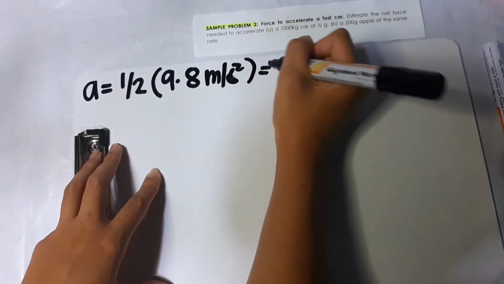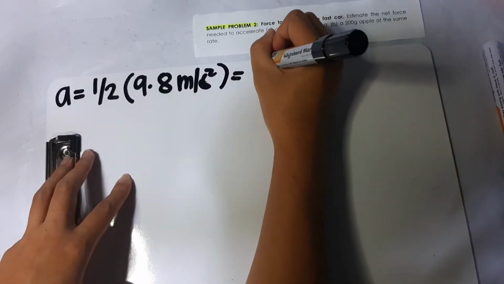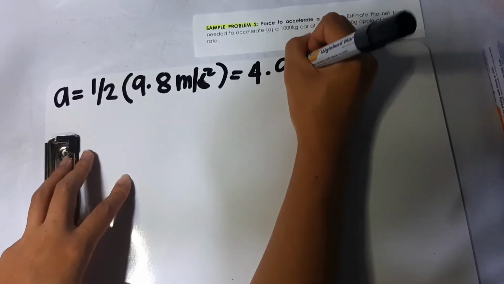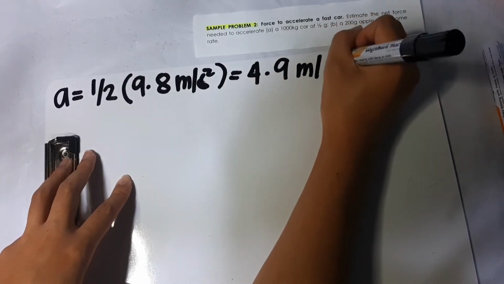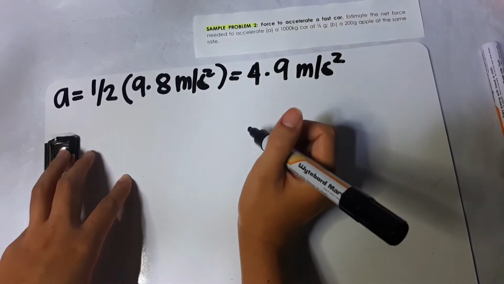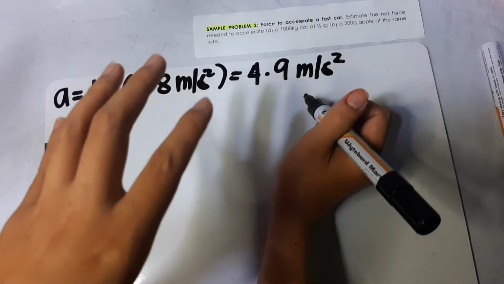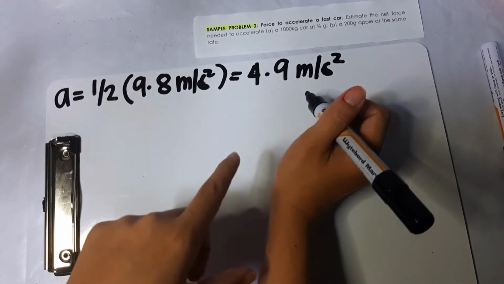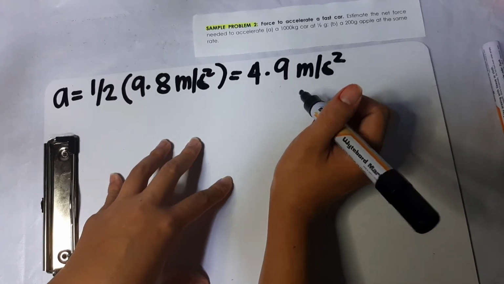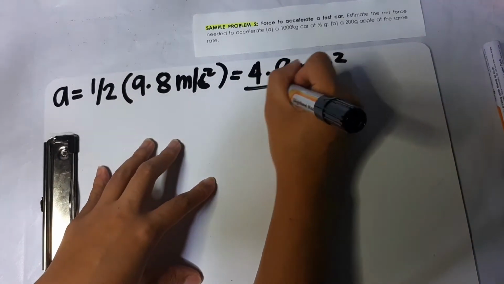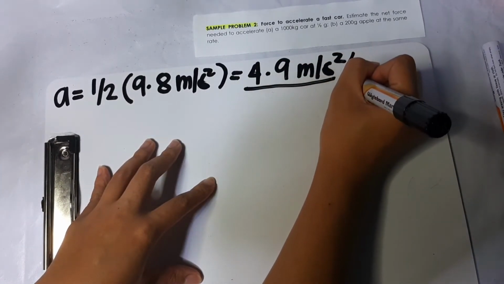So our final acceleration will be 4.9 meters per second squared. So for problems A and B, the value of our acceleration is 4.9 meters per second squared.